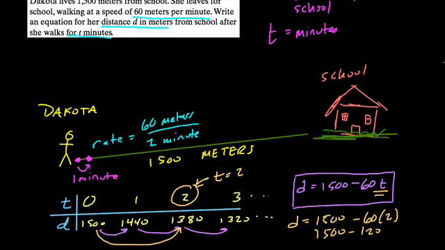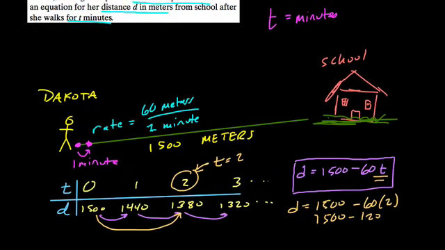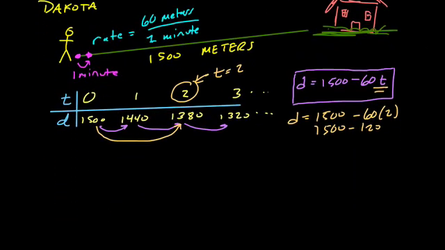So it's a nice way to relate this, and you always want to think about the equation, table, and graph here. You can think, okay, my distance from school is my dependent variable, right? Distance from school, because that depends on how much time has passed and the rate at which she's walking. So at 0, we're at 1,500, way up there, right? My scale here is terrible.